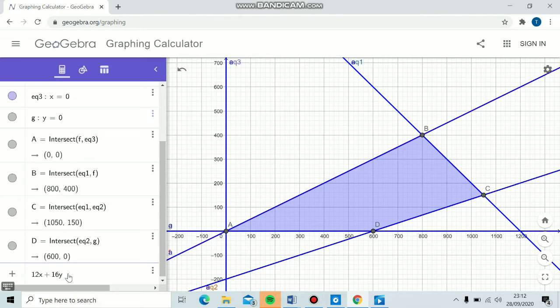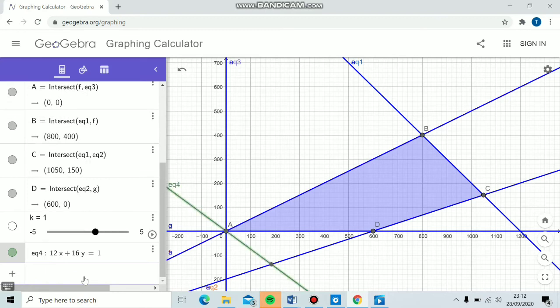This is the meaning of using the ruler method. We type in here k because we have to move this line to reach all the points A, B, C, D.